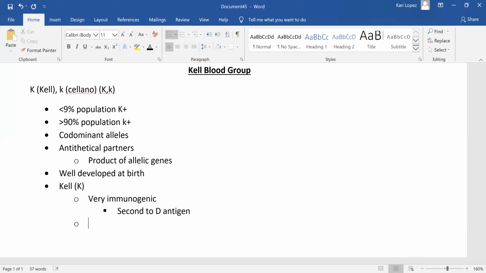So there are some other partners, and they're also antithetical partners, in the Kell system.